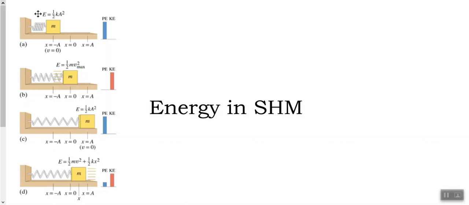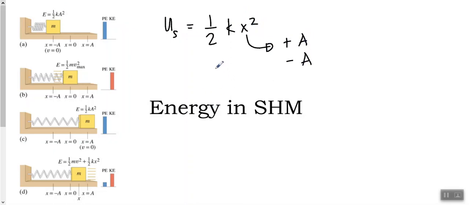So given that, we have an energy that is equal to 1/2 k times the amplitude squared, because amplitude squared is proportional to the displacement. So you can write that as U elastic, which is equal to 1/2 kx squared, knowing that the maximum displacement is either at its positive or negative amplitude relative to the equilibrium position.